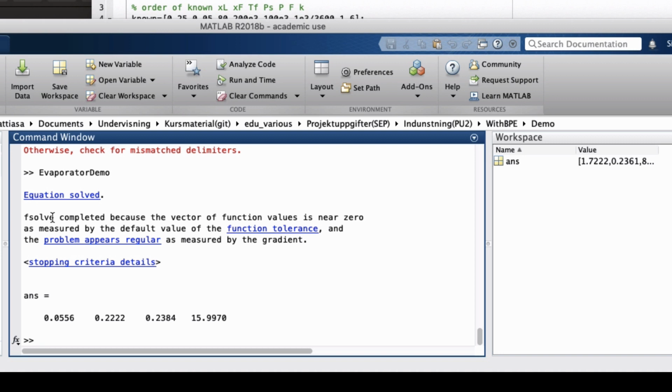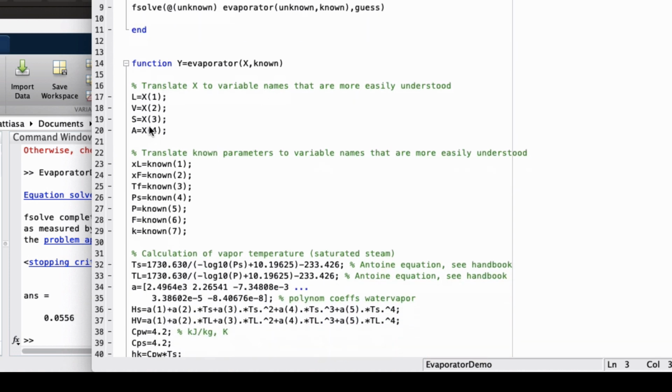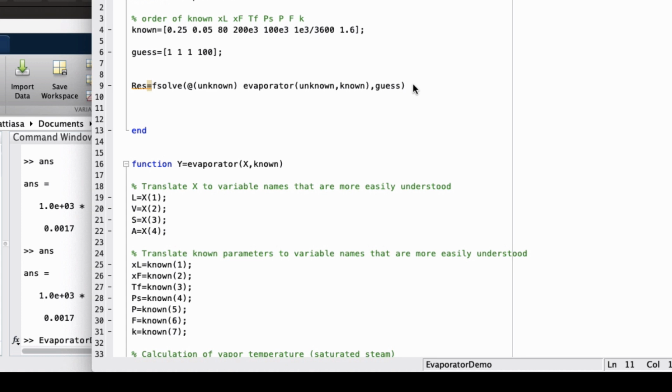And now I got answers. So the answer is 16 square meters, and which order did we have? We had L, V, S, and A. Let's put the code in here and say result equals fsolve, so I don't have to redo the calculation by hand.